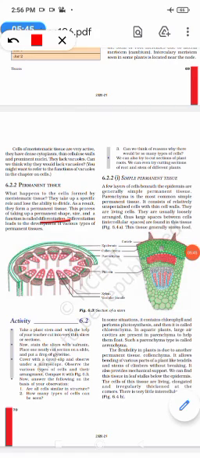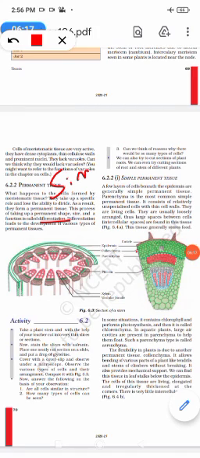I told you that there are two types of permanent tissue: simple permanent tissue and complex permanent tissue. Now coming to the simple permanent tissue, a layer of cells beneath the epidermis is generally simple permanent tissue.